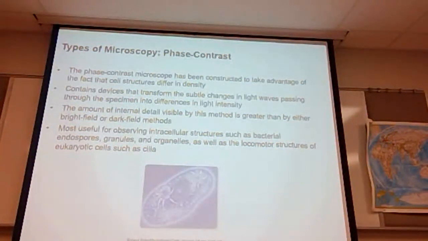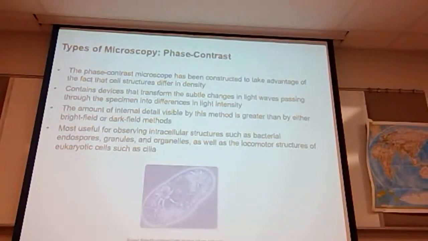Phase contrast microscopes have been constructed to take advantage of the fact that cell structures differ in density. These type of microscopes contain a device that transforms these subtle changes into differences in light intensity.